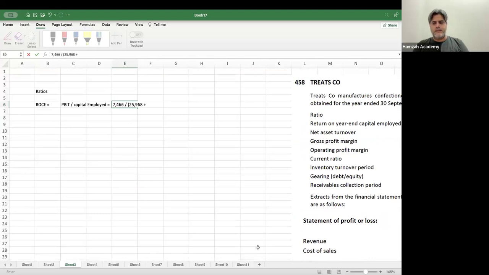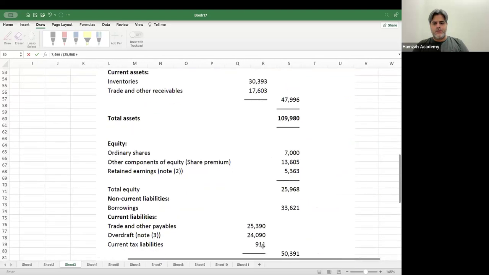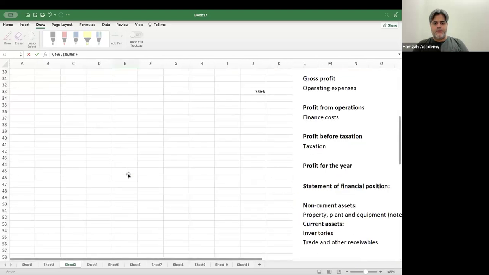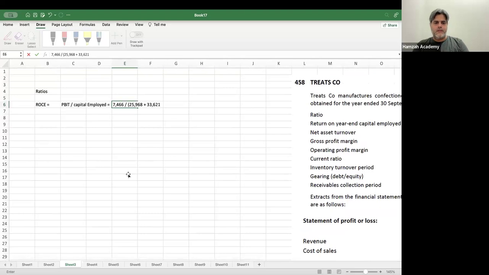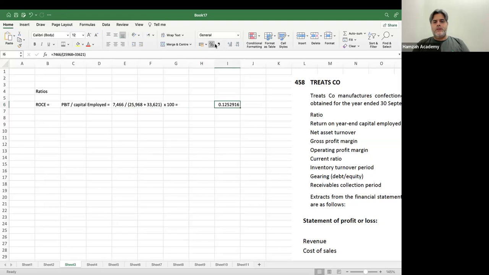So 7466 divided by (25,968 plus 33,621), into 100. So this ratio is going to be 12.53%.